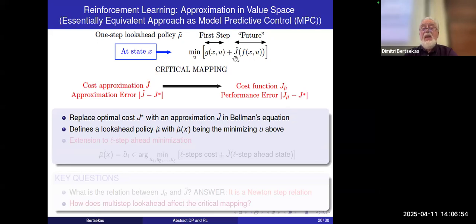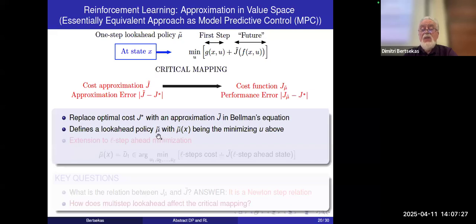This expression here represents the first step cost starting from state X, plus the cost of the future stages as evaluated by J tilde. We minimize over all U, and that gives us some minimizing control at state X. And if you piece together all of these controls, you obtain a policy, right? A mapping from state into control.